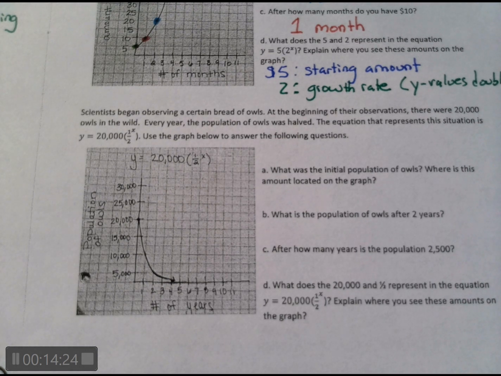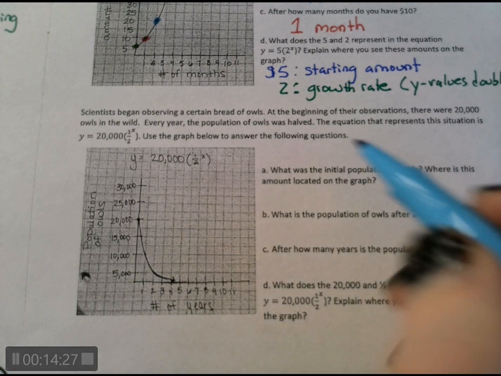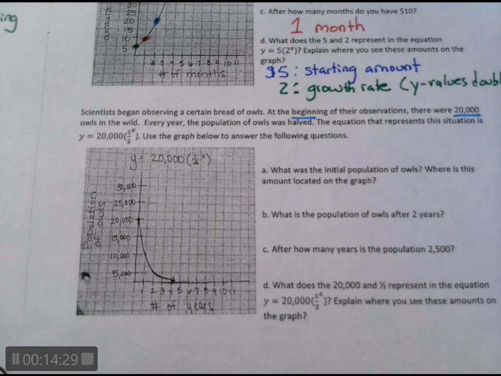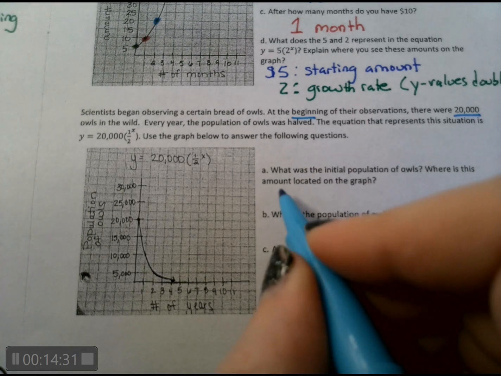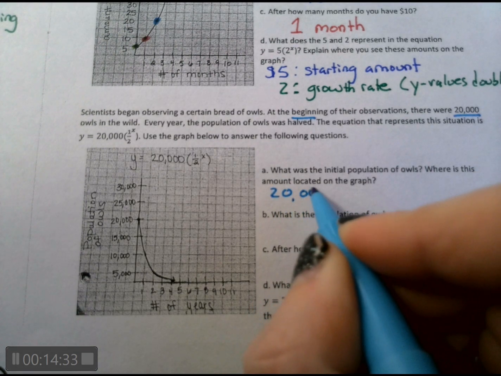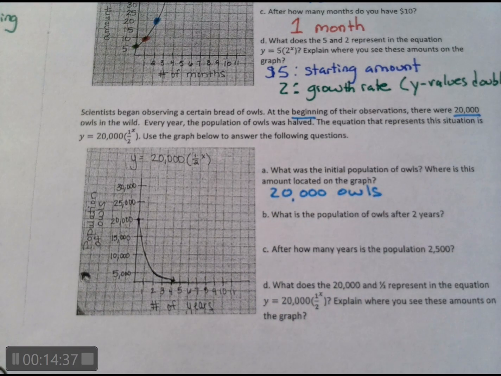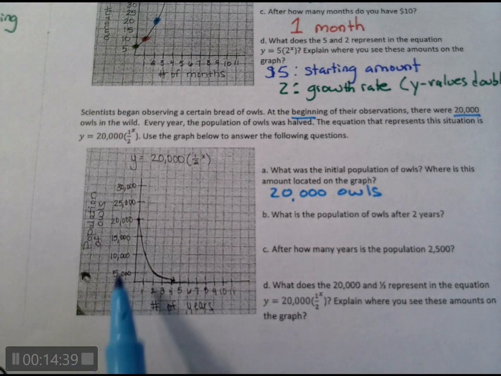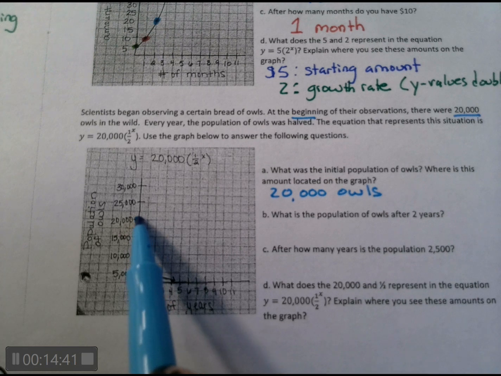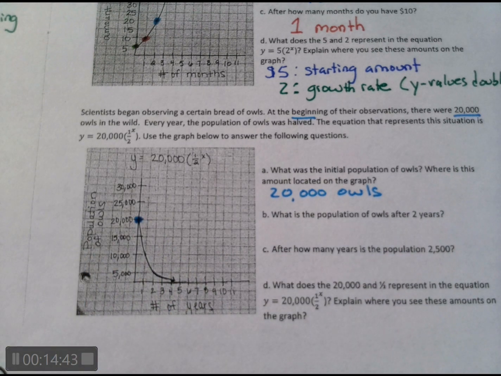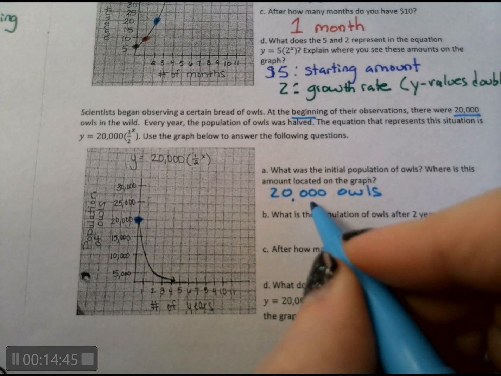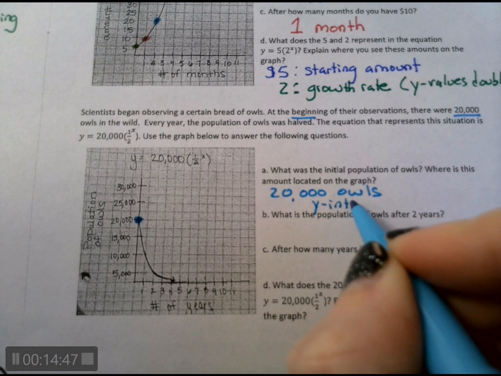So then, what was our initial population? In the beginning, 20,000. And then, where's this amount located on our graph? It's located right here, population of owls. And that is called our y-intercept.